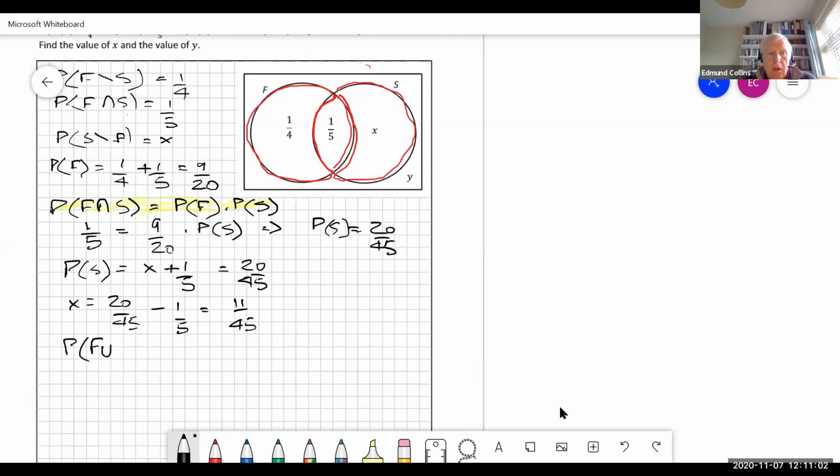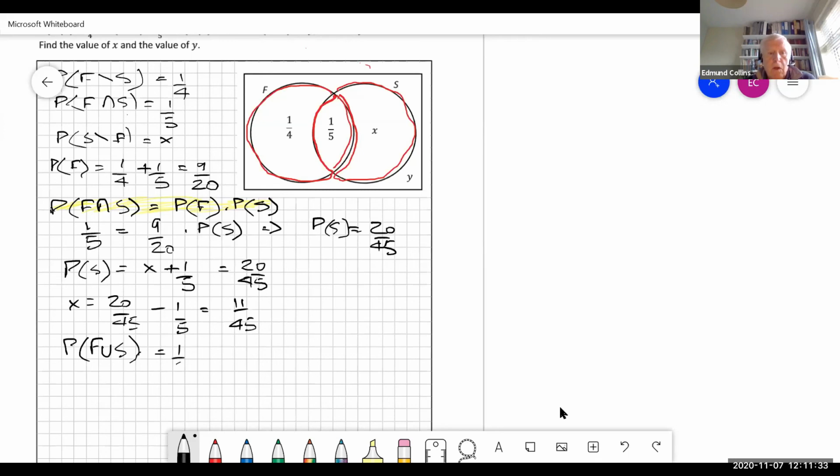That's the probability of F union S, or F or S or both. And again, that's straightforward because there's a number of ways we can do it, but the way I've chosen to do it is just add up each part of the Venn diagram.